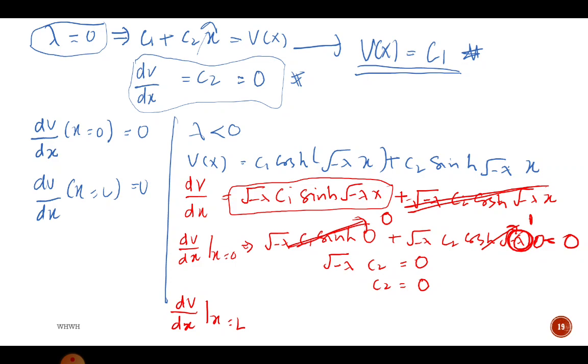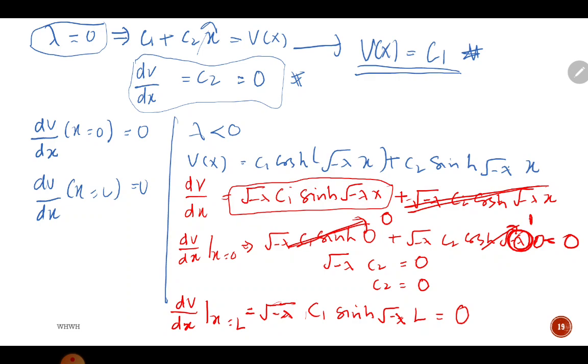So dari sini kita ada minus root of minus lambda C1 sinh root of minus lambda L equals to 0. Alright. So daripada sini we have two possibilities. Sama ada lambda ni sama dengan kosong ataupun C1 yang sama dengan kosong.